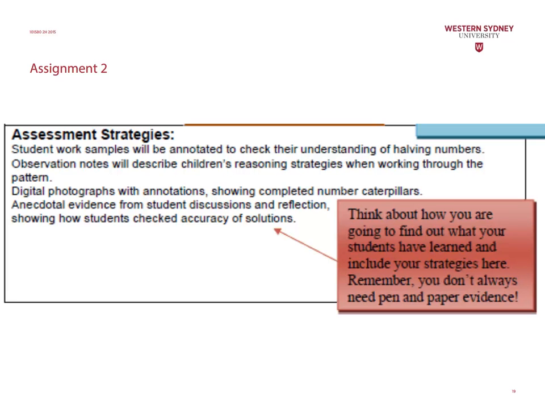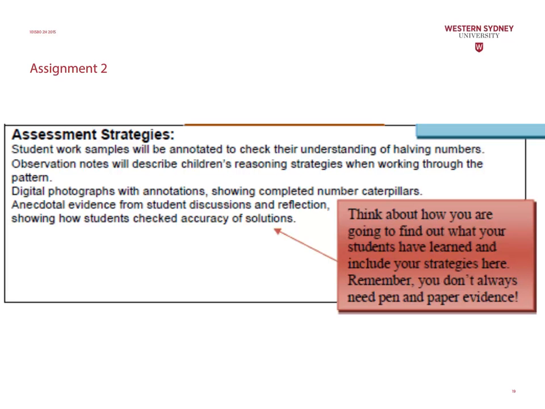Right? Remember, these are the strategies that you will be looking for to find out whether or not the children have learned something. But I also want, in these assessment strategies, to write down what I'm looking for.